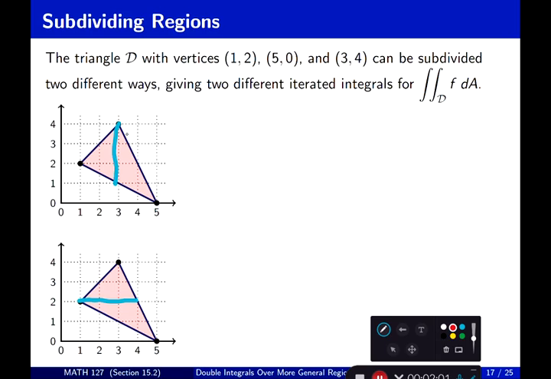Now we talked about vertically simple regions. Here you can see horizontally simple regions, and you can see the arrows. One thing you need to do is find the equation of each piece of line, and then set up the integrals.